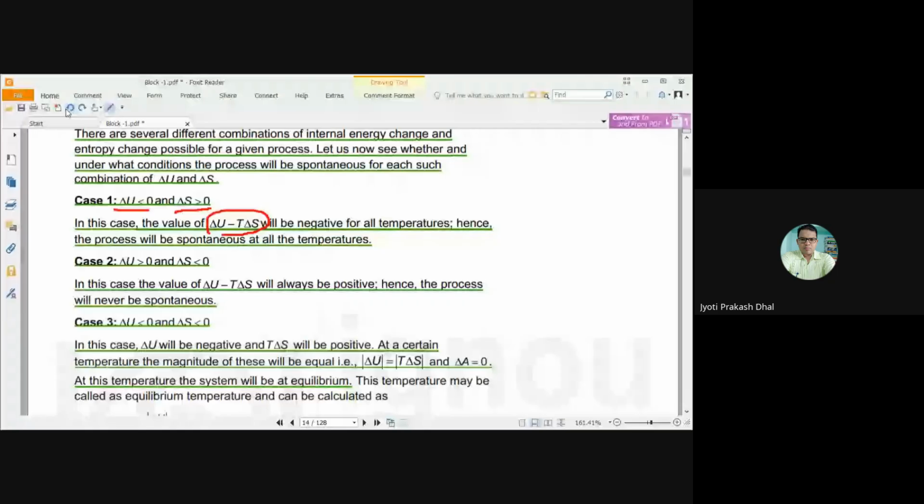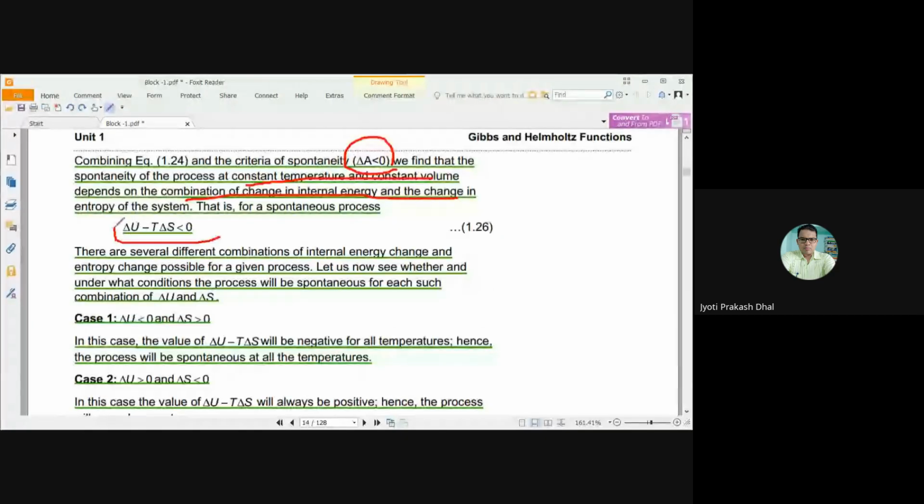Again, I am coming to the previous one. We have derived that this is the condition of a spontaneous process: del U minus T del S should be less than 0.